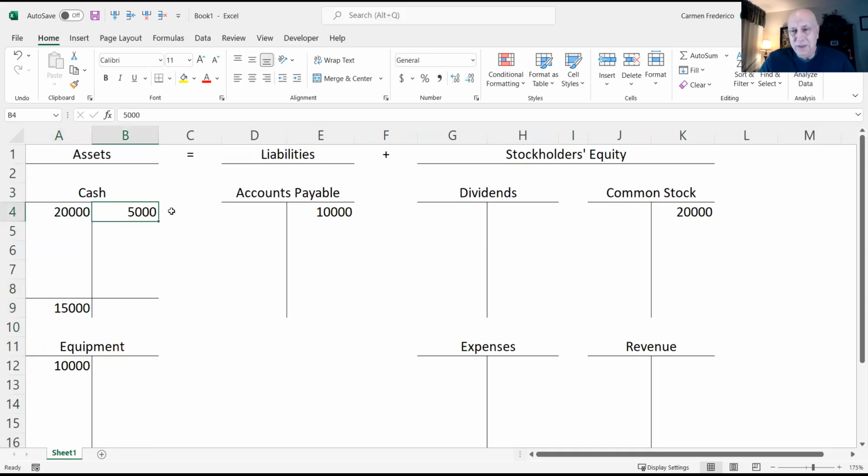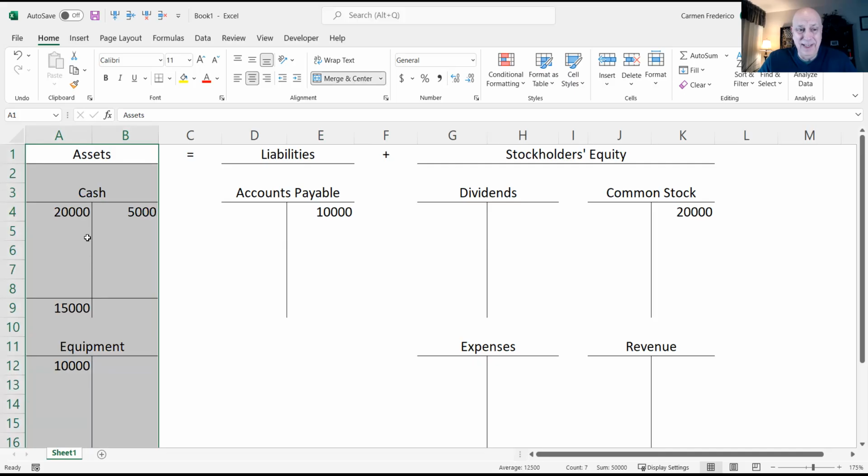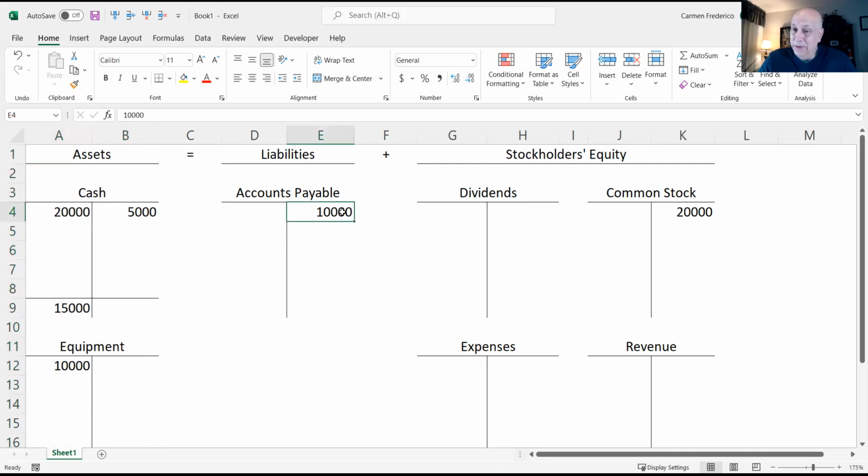Okay, so let's finish this transaction. So we have a right to cash. Cash is decreasing, so you go opposite. Okay, increases on the left, decreases on the right for cash, because cash is a left side account. It's an asset. So what happens? Payables going down. Well, increases go on the right side, decreases, you go opposite. So you put the $5,000 here as a decrease.